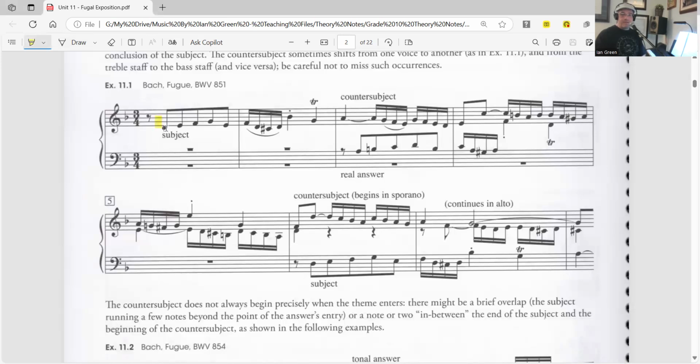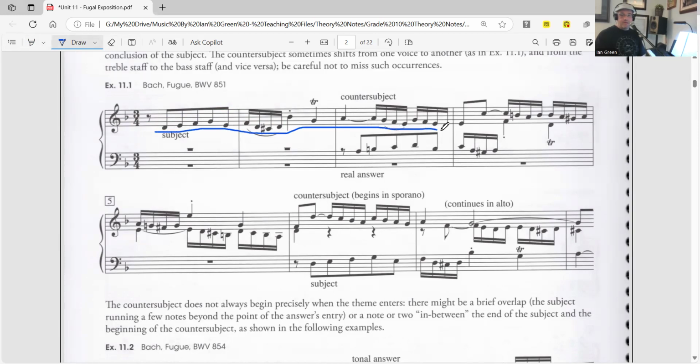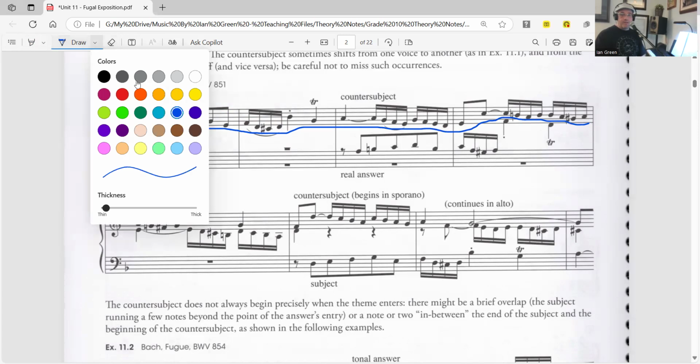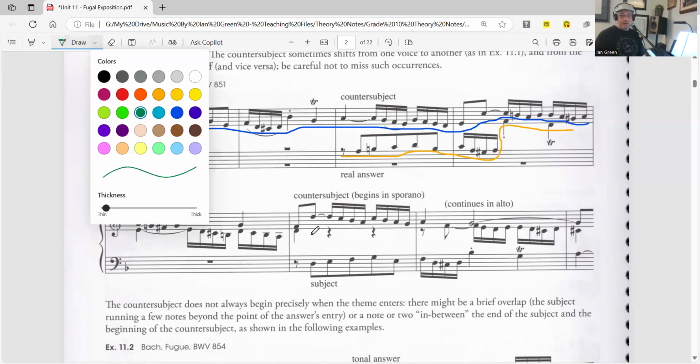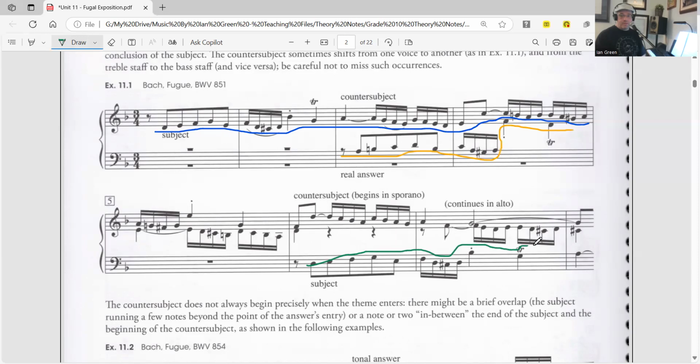If I were to highlight the soprano part, I'll just erase that highlight because it's a bit too thick. If I were to draw a line in the sand here to say this is all soprano, but then if I were to draw with a different color to signify where the next part goes, and then to signify where the next part goes, you can see how there are three different parts occurring at the same time.